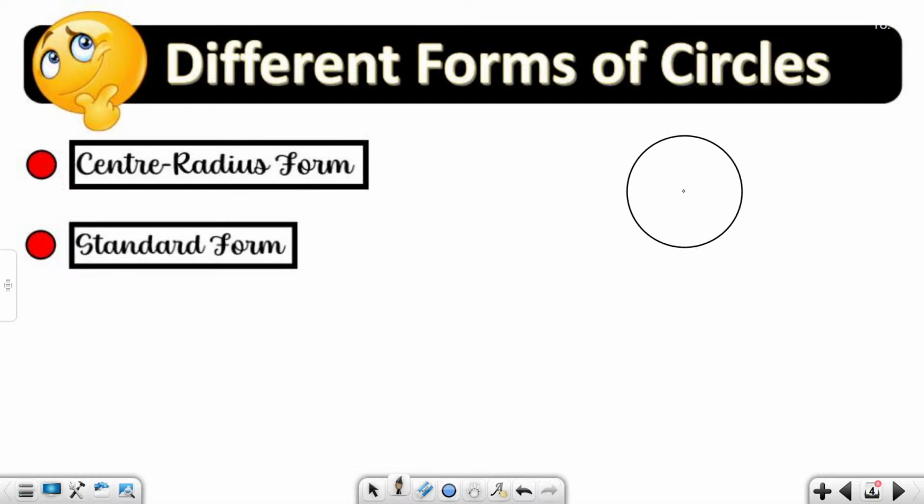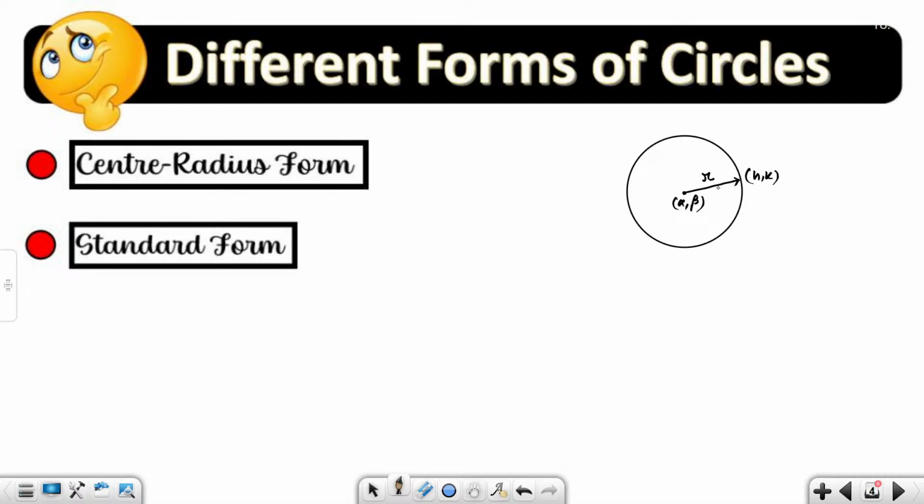Whenever your center and radius are given, how do we find the equation of the circle? Suppose the center given is alpha comma beta, and let us say the radius is r. So how to find the equation? We will say let h comma k be any point on the locus.